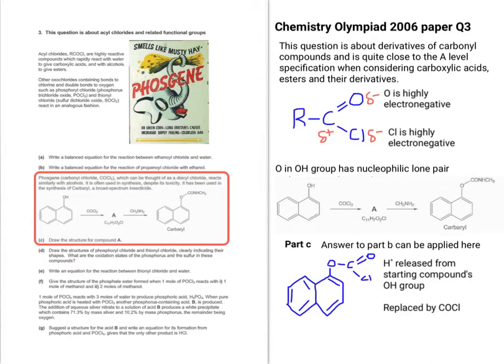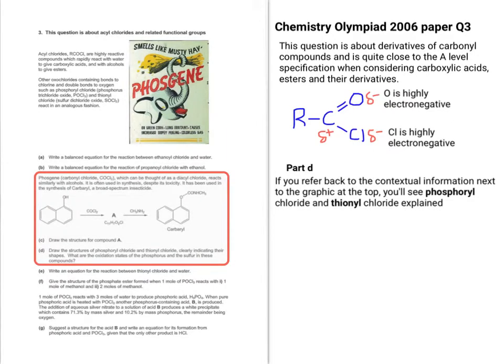So what happens is H plus is released from the starting compound's OH group, and it's replaced by COCl, the remnant of the carbonyl chloride. The second chlorine atom that was in COCl2 is not here, that's actually formed HCl as the H plus is released. So you always make HCl when you react an acyl chloride with a nucleophile.